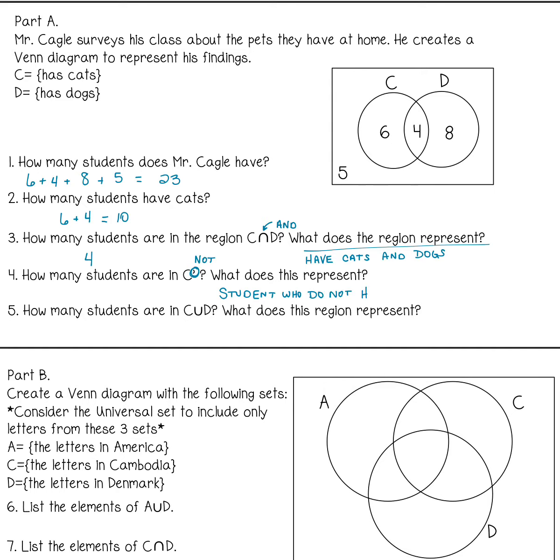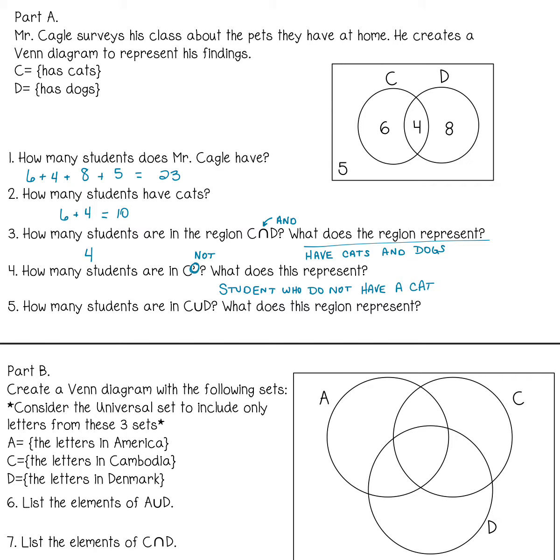Do not have a cat. So that would be people who only have dogs. So that would be those 8 individuals. And then those 5 individuals who have neither. So we're going 5 plus 8, and that makes 13 students who do not have cats. So again, I'm going to erase that so it doesn't jack us up.